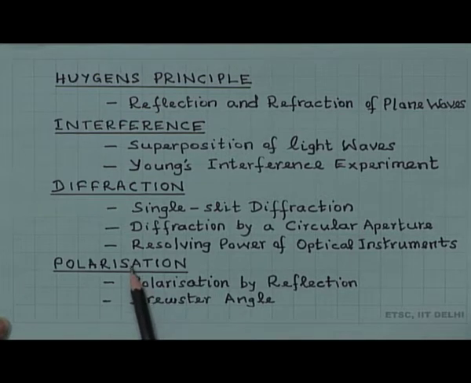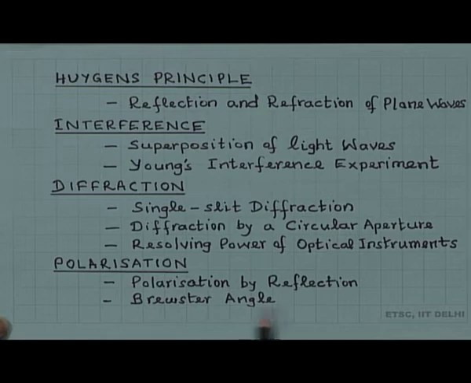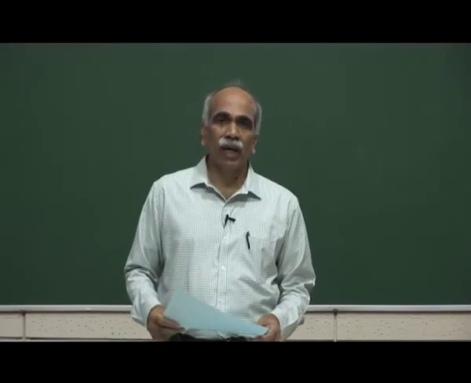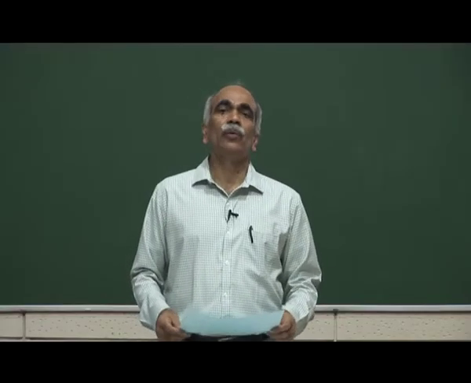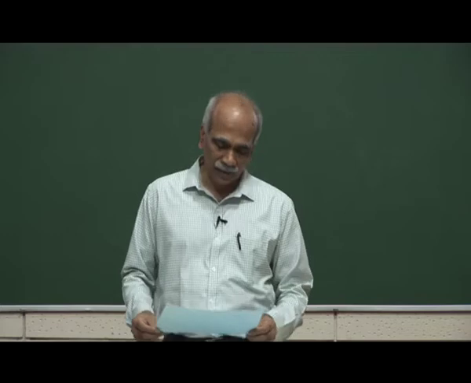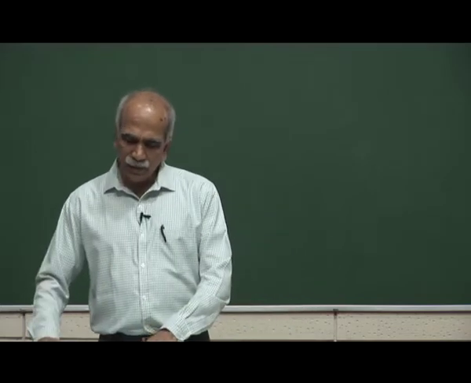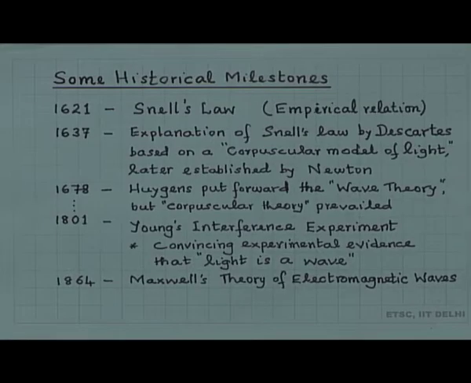There are different ways of obtaining polarized light, but in this course we will discuss polarization by reflection and the Brewster angle. Before we proceed, we will first discuss some historical milestones which led to the development of wave optics. Here are some of them which I have listed.